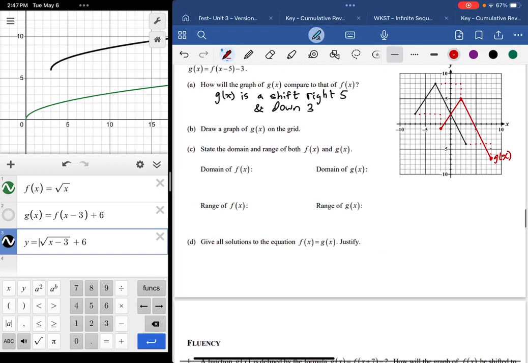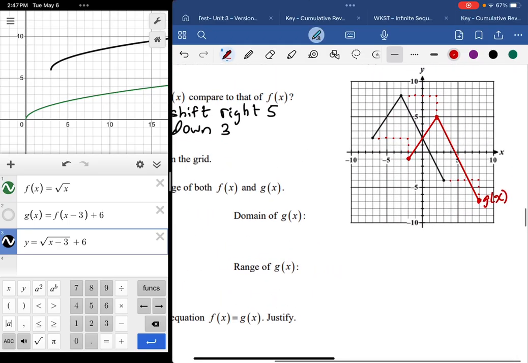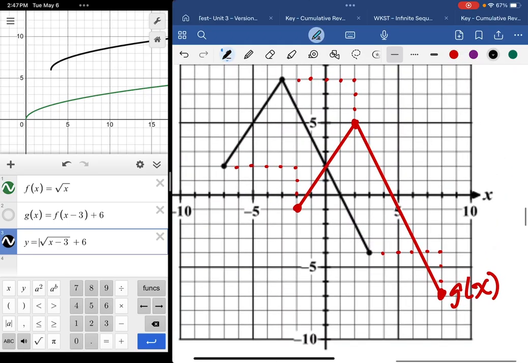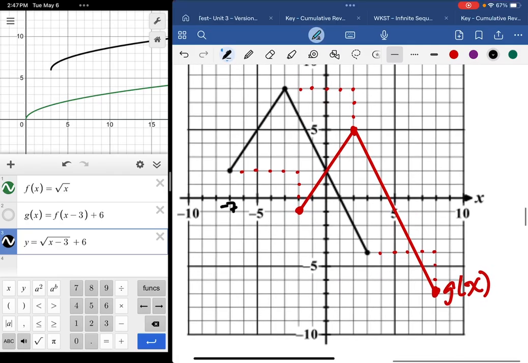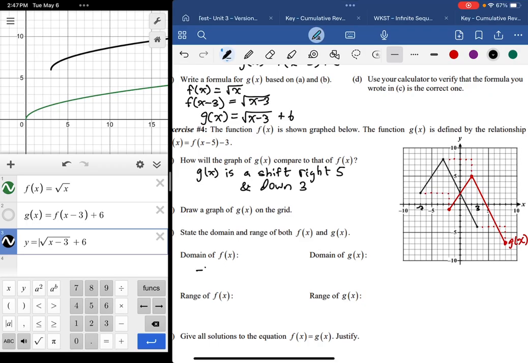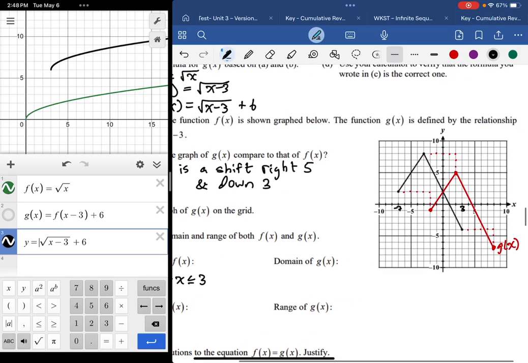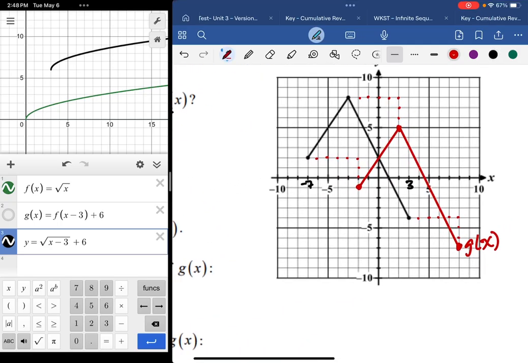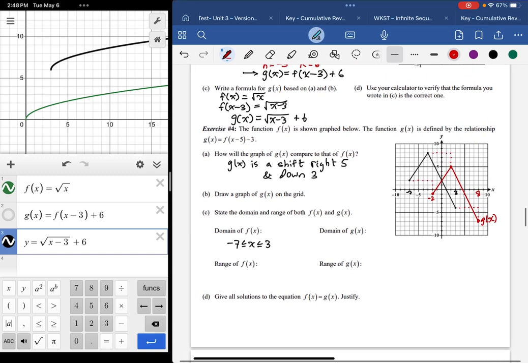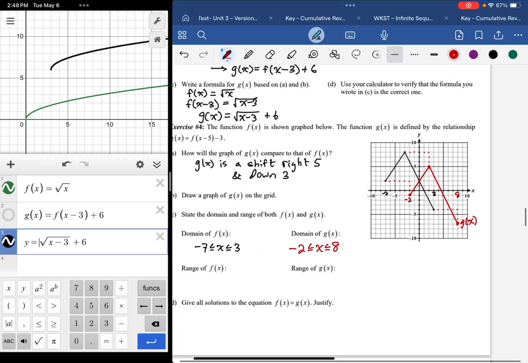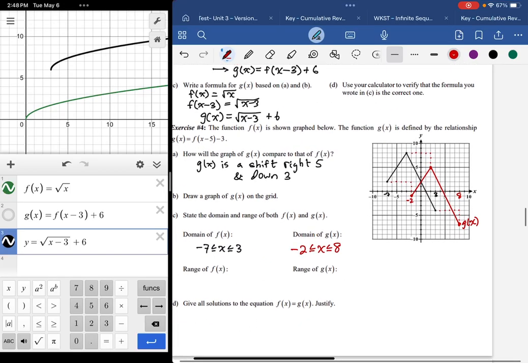All right, so for the domain, we're talking about all possible values of x. So for my first function, f of x, that goes from -7 to +3. For my g, goes from -2 to +8. All right, and that represents a shift of 5 units to the right.